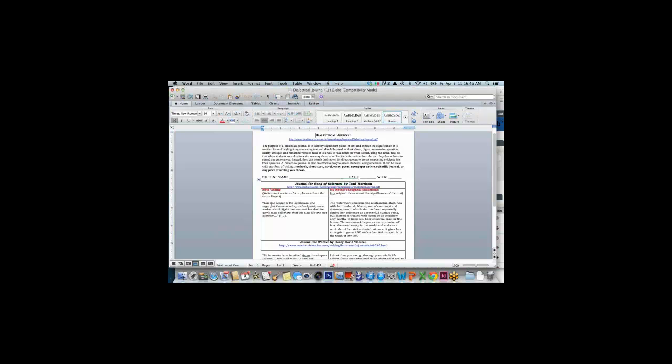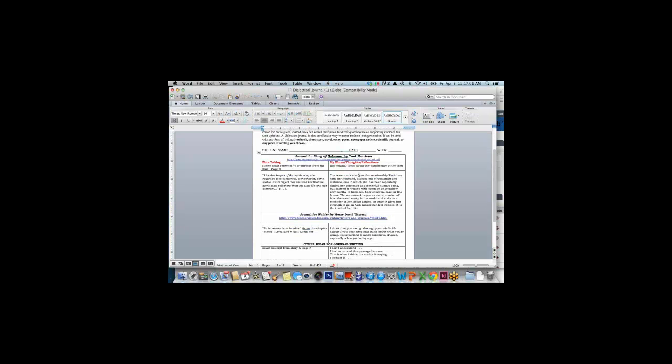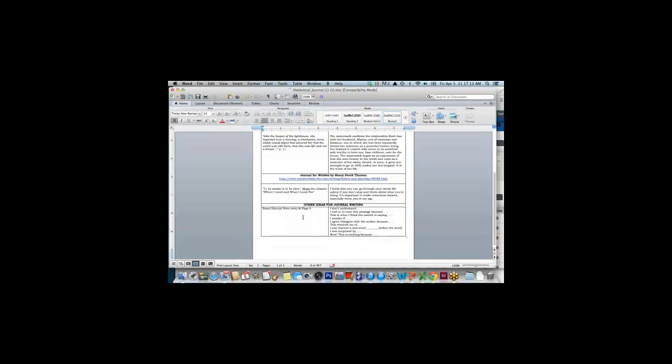I've asked them to write an exact sentence from the text, the page number, and then their notes, their thoughts about it, their reflections. And I give them this example. Of course, I have an example of Toni Morrison's book, Song of Solomon, and I received this from this particular website. I had a model for Walden by Henry David Thoreau. And then at the very bottom, other ideas for journal writing.